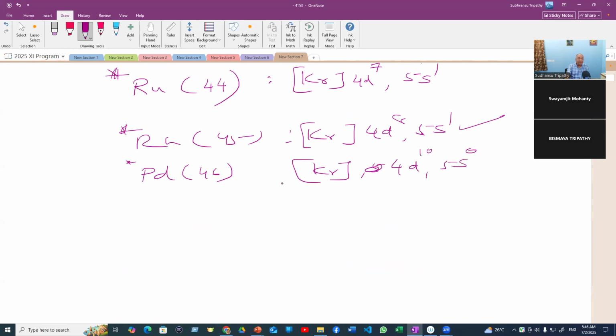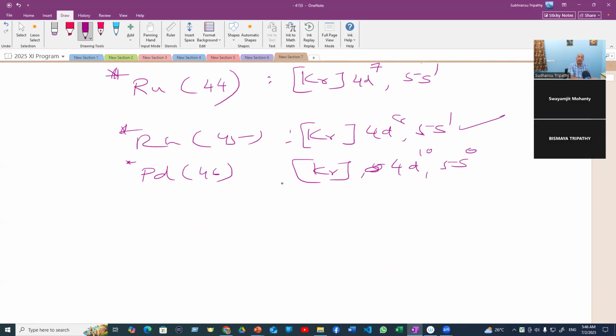And I will tell you just after a bit that it doesn't carry any unpaired electron. Its magnetic moment is 0. The spin magnetic dipole moment is 0, which is one of the evidences to prove that there will be no electron in 5s.